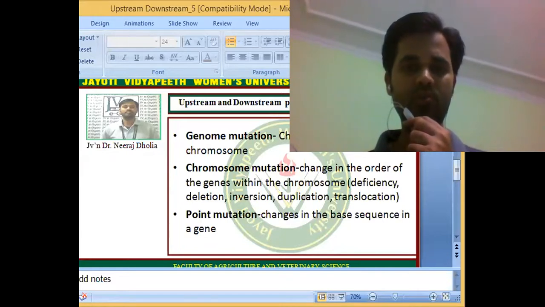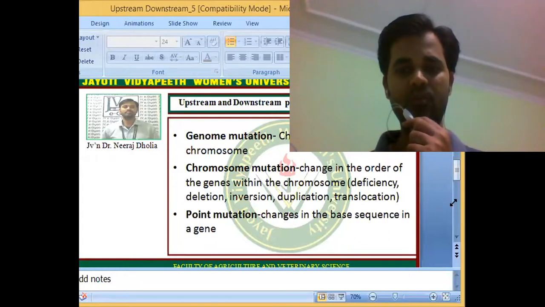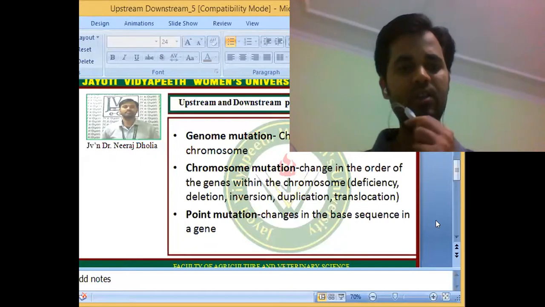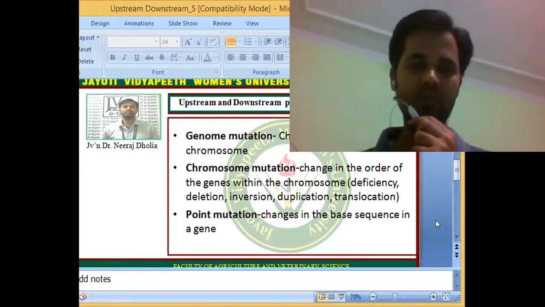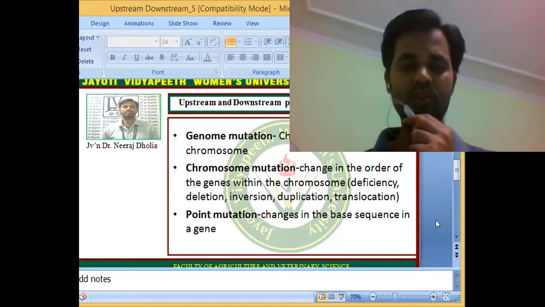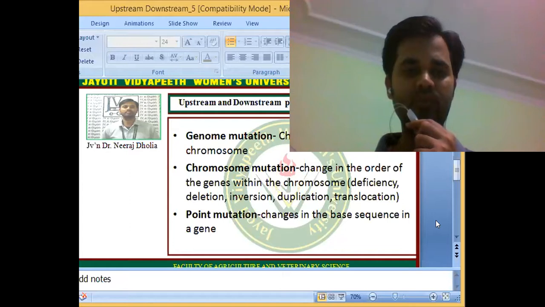In genome mutation, we change the number of the chromosomes. Second is chromosome mutation. In chromosome mutation, there is a change in the order of the genes within the chromosome. So the genes and their order are changed.